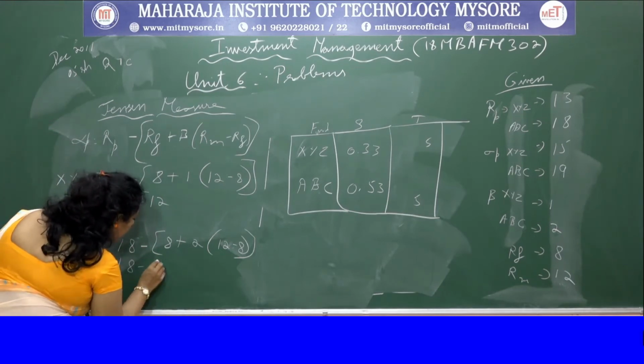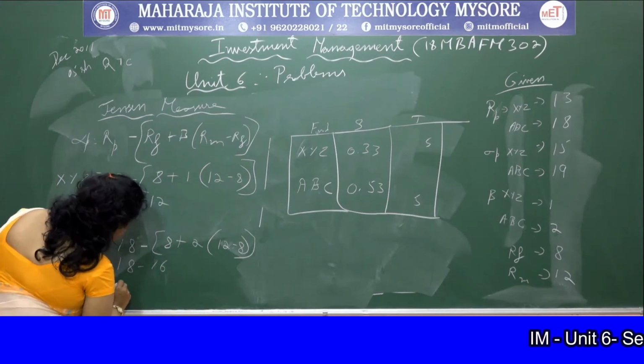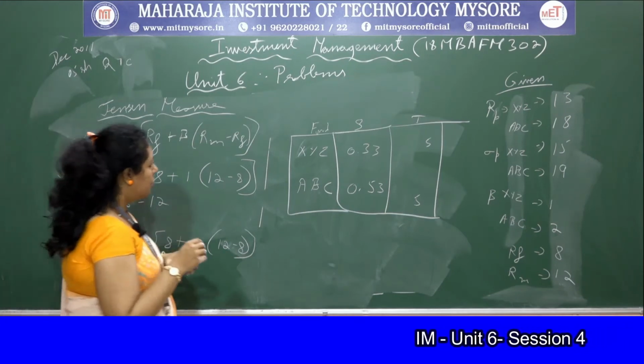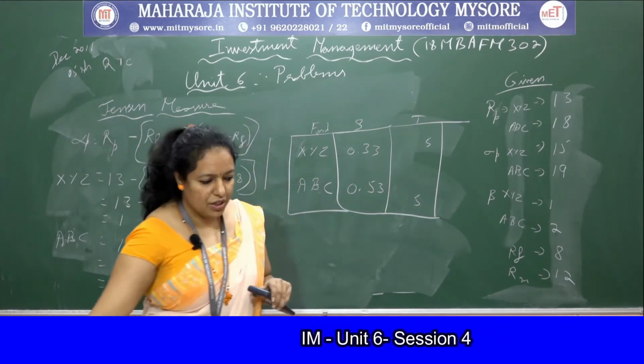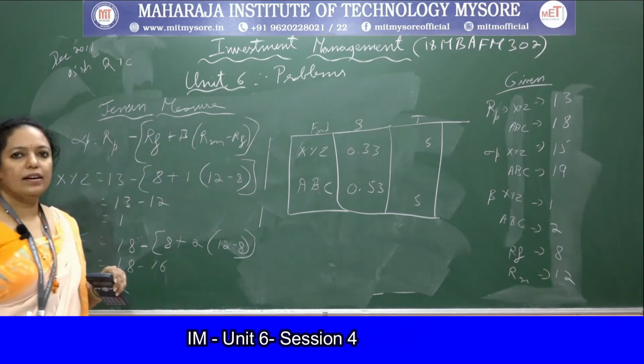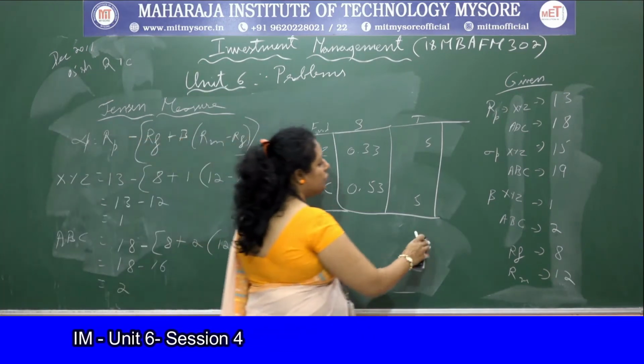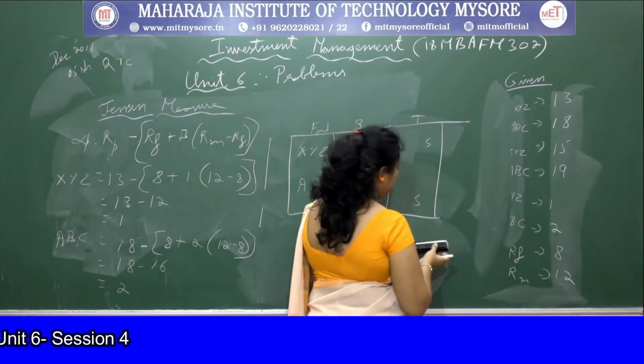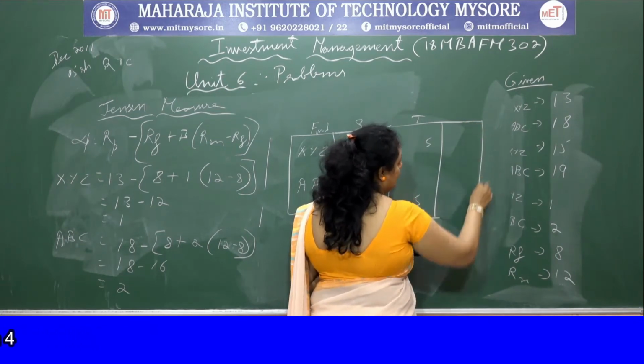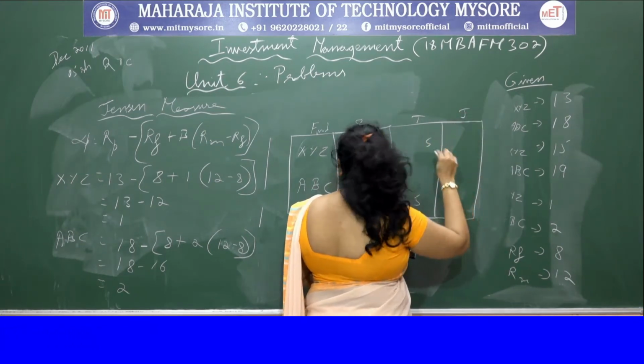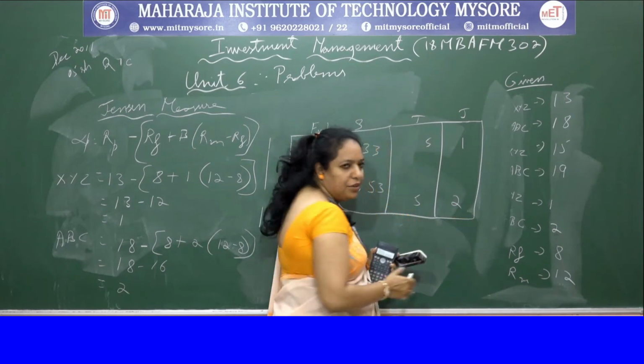So 18 minus 16 you get is 2. So in Jensen's measure, it is 1 and 2.